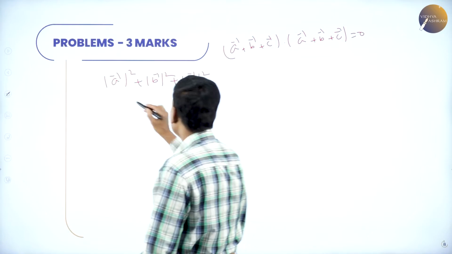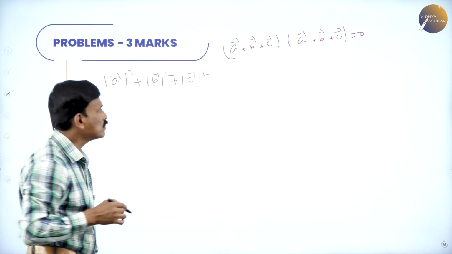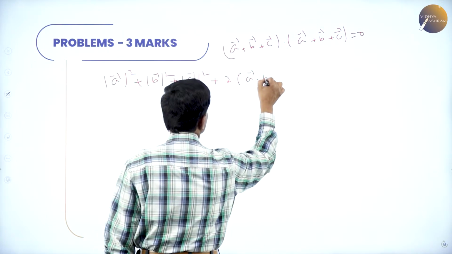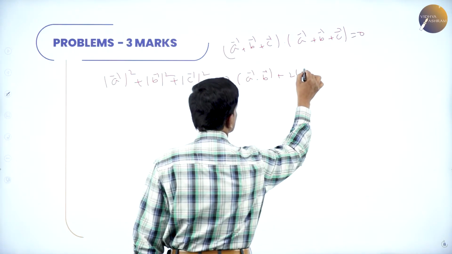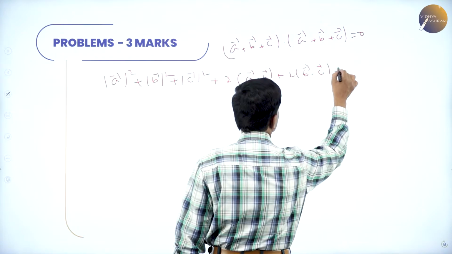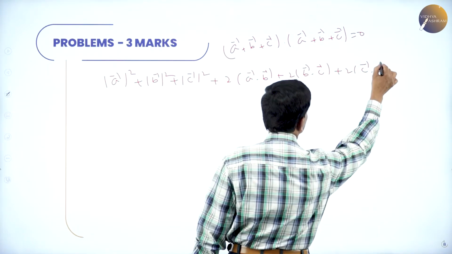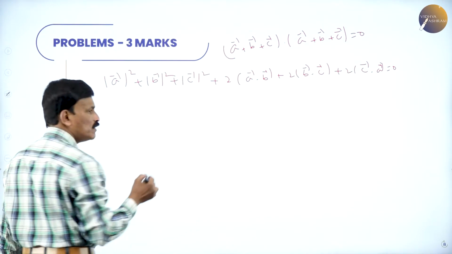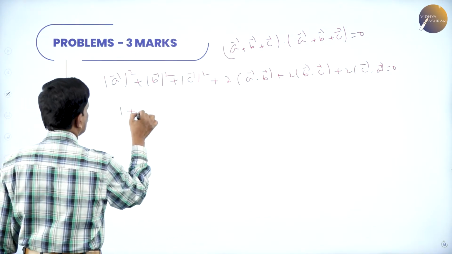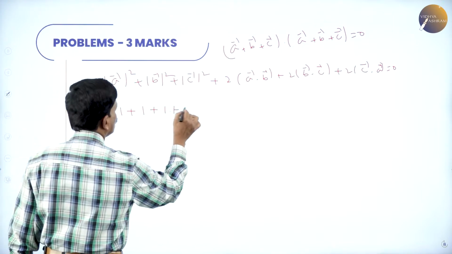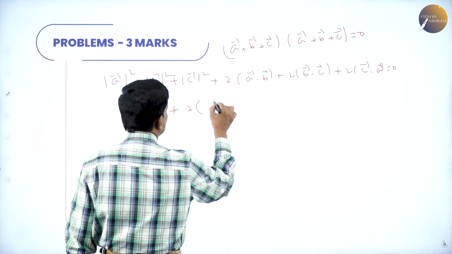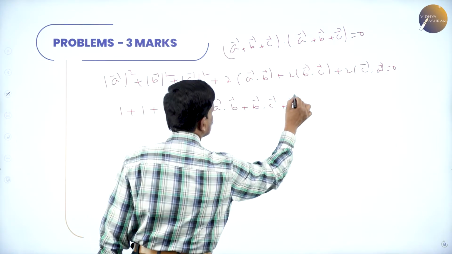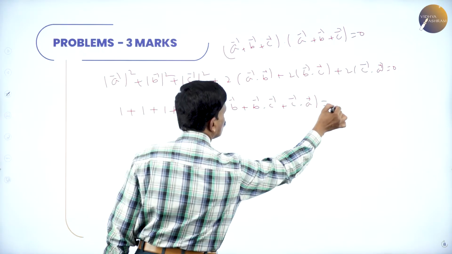If you simplify, length of A square plus length of B square plus length of C square plus 2 times A dot B plus 2 times B dot C plus 2 times C dot A is equal to 0. Now substitute the values. Since A, B, C are unit vectors, 1 square is 1, 1 square is 1, 1. So you can take 2 common factor, 2 into A dot B plus B dot C plus C dot A is equal to 0.